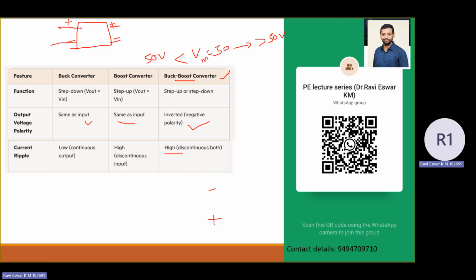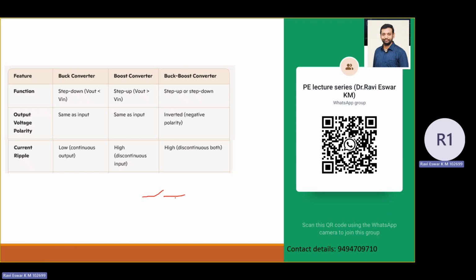One more concern is that the ripple current is high at both the input side and the output side. Let us draw the buck boost converter circuit diagram, as we have seen in the previous sessions. Here the inductor is present in the middle, there is a switch connected to the input side, and there is a diode here. The capacitor is connected across the load.